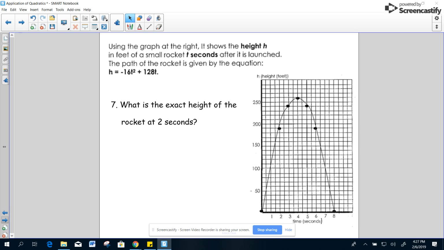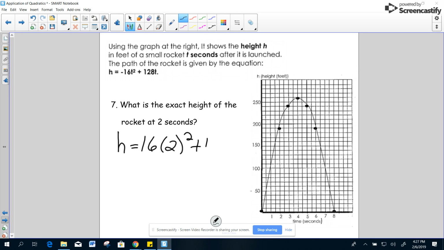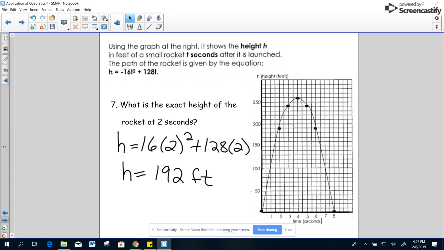Our last question with this graph, take a moment, answer it. To find the exact height of the rocket at 2 seconds, what we want to do is place 2 into the t of our equation.